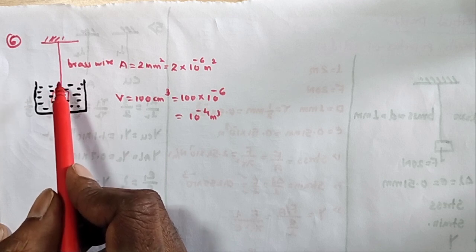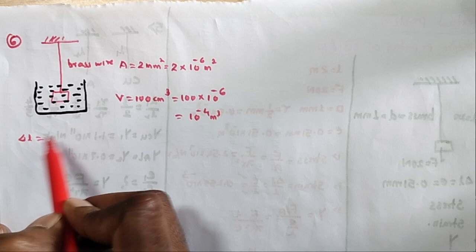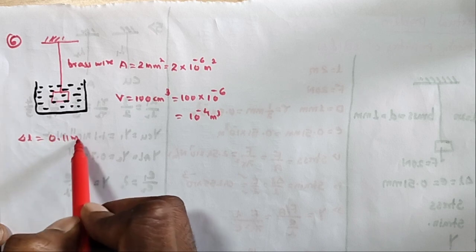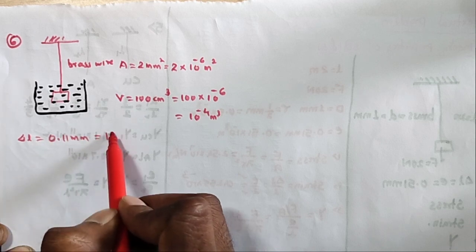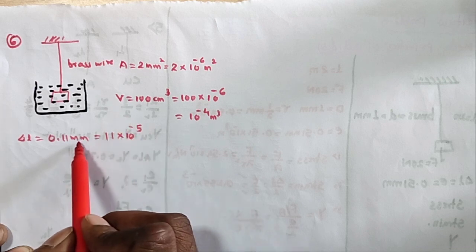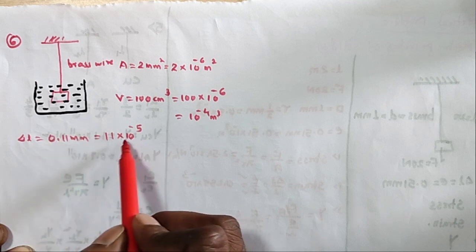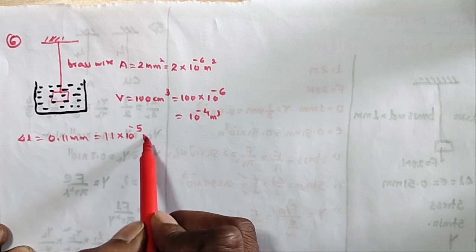So what is the decrease in length here? Delta L, the decrease in length, is equal to 0.11 mm. That is 11 into 10 power minus 5, because 1 mm is equal to 10 power minus 3. So here I am taking 10 power minus 5 meters.